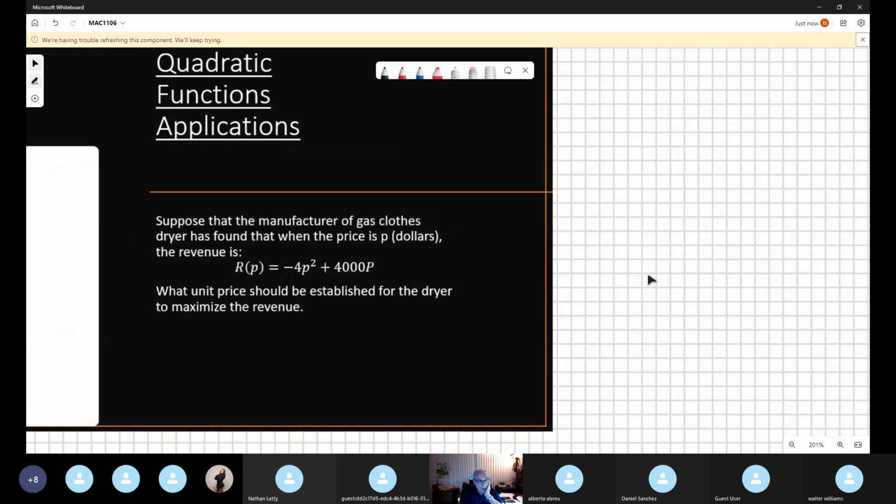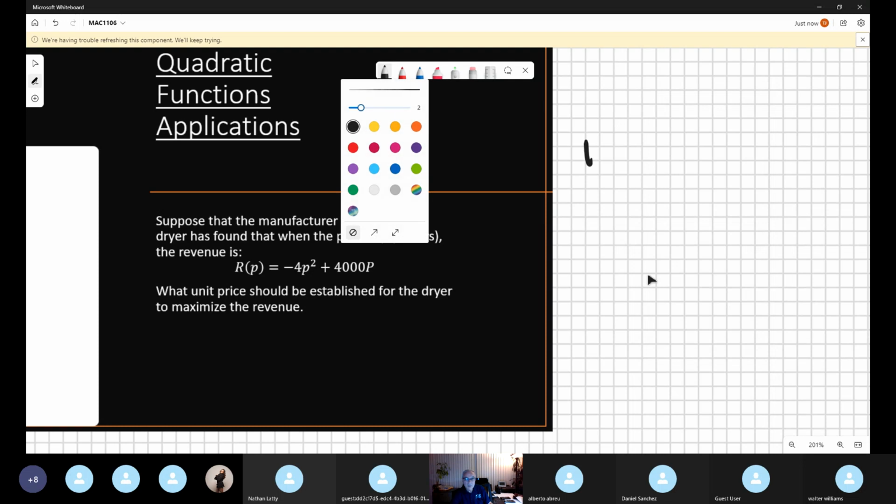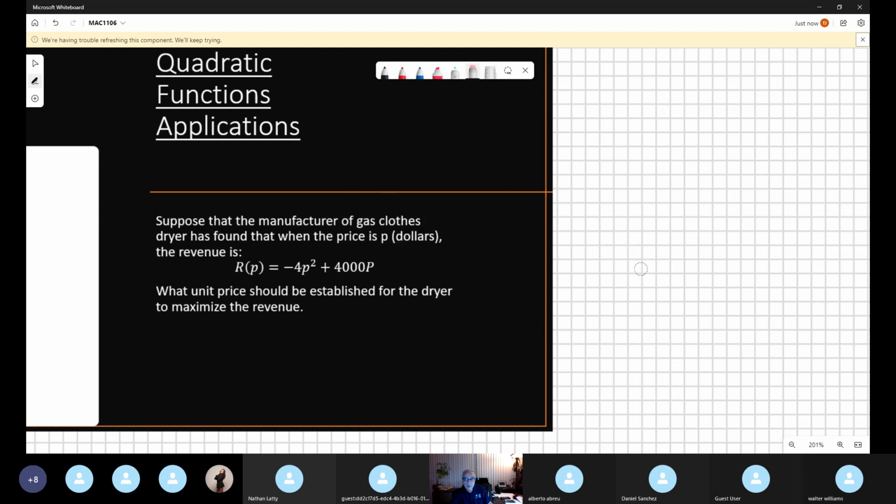In word problems, normally the variables are not necessarily X and Y. In this case, P because it's a price and R is revenue. Okay, so now let me copy. You have a formula. The formula is R, working like a Y, no?